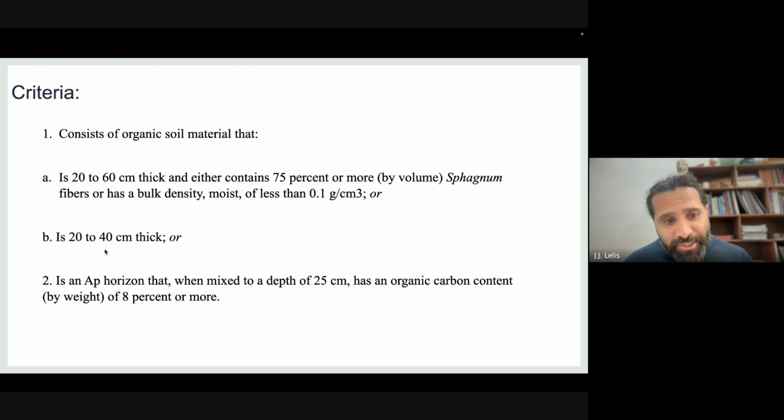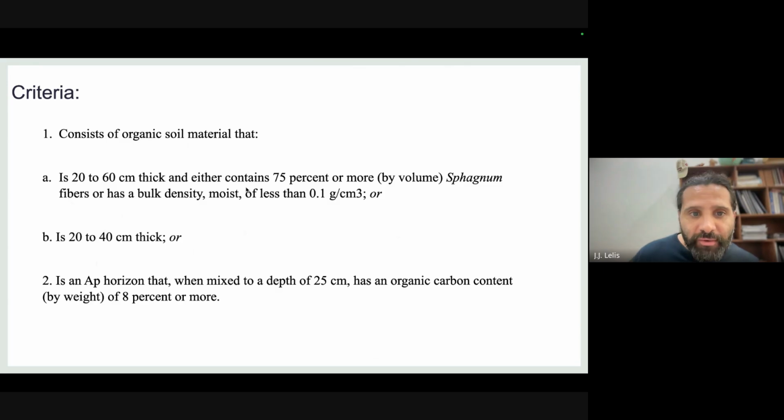Or the other option is that I have a horizon that's formed by human action, and in the first 25 centimeters, the organic carbon content is at least 8%. So we can see basically the same criteria here, except for the thickness, which here is higher.